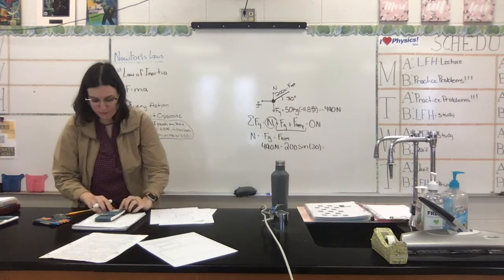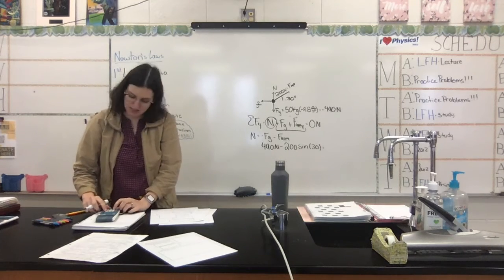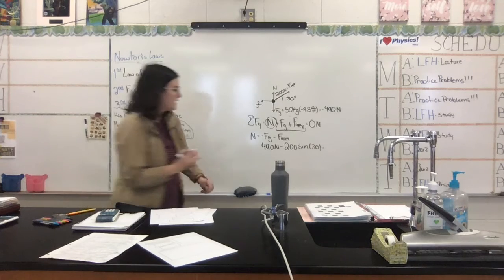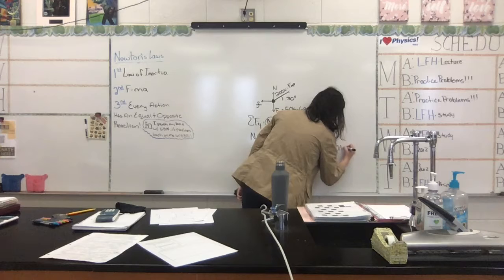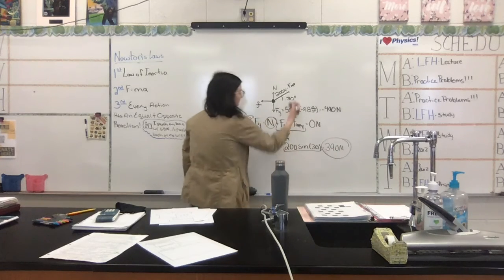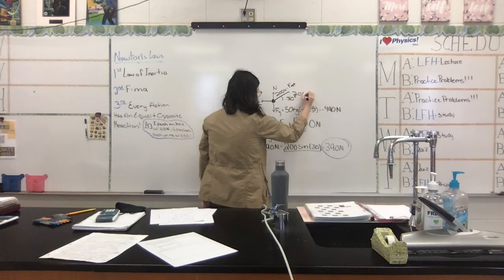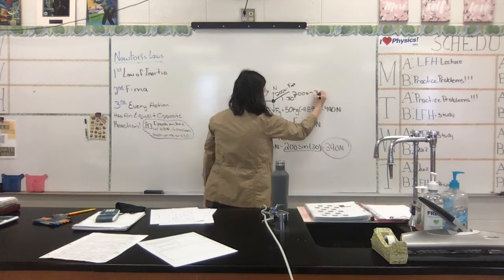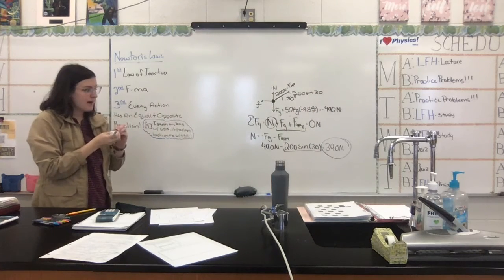So when we do 490 minus 200 sine of 30, we end up with a normal force of 390 newtons. And the reason we did this is because the y component of this force is 200 sine of 30. Okay? So that's number 5.